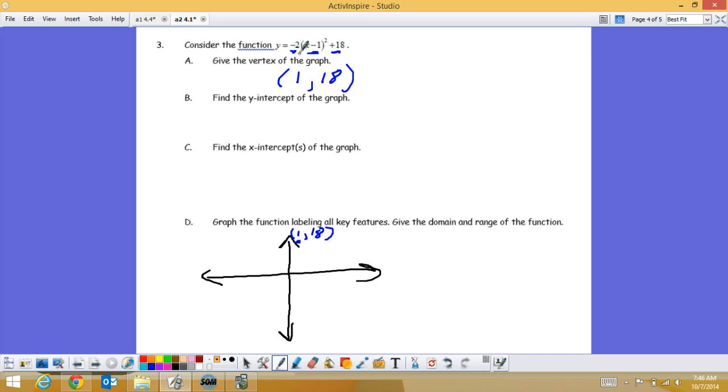Again, to find the y-intercept of this graph, we just want to plug 0 in for x. And then do the arithmetic. So, doing the arithmetic, we have -1 squared is 1, times -2 is -2, plus 18, 16.